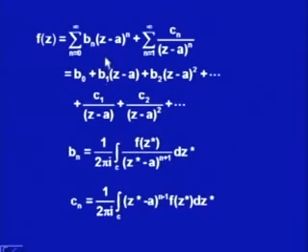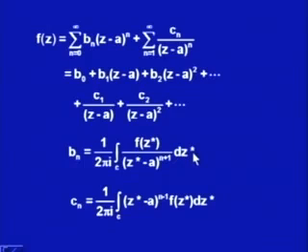Here the coefficients bn are expressed as 1 upon 2 pi i integral over C, a closed curve, and the integrand is f of z star divided by z star minus a raised to power n plus 1 into dz star.